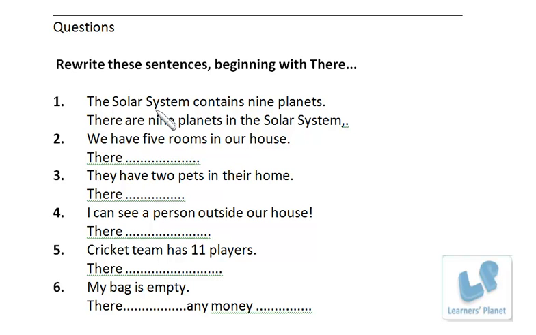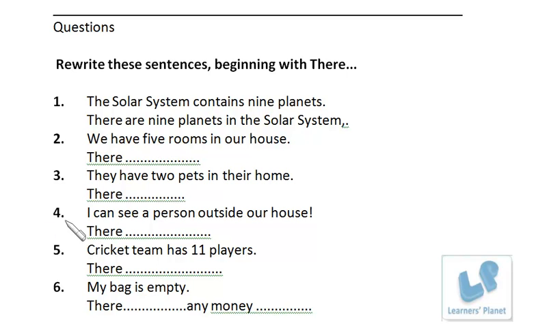Okay, the solar system contains 9 planets. Okay, now इसका जो हम दोबारा लिख रहे हैं that is there are 9 planets in the solar system. Okay, so let's see one by one. We have 5 rooms in our house. That means there are 5 rooms in our house.